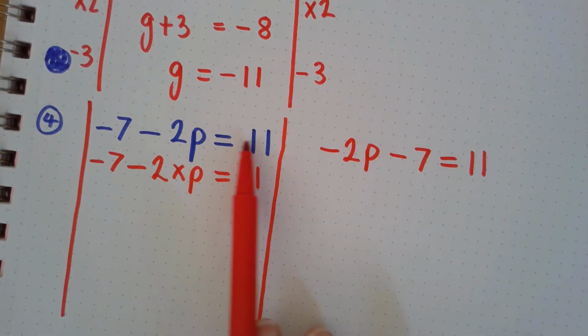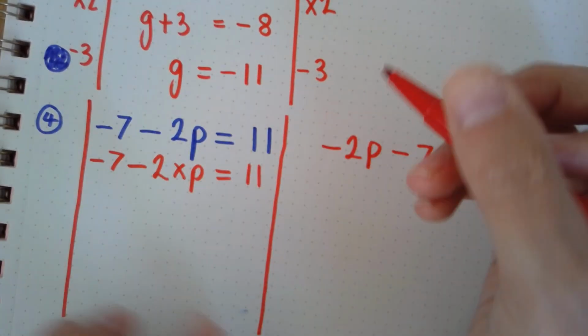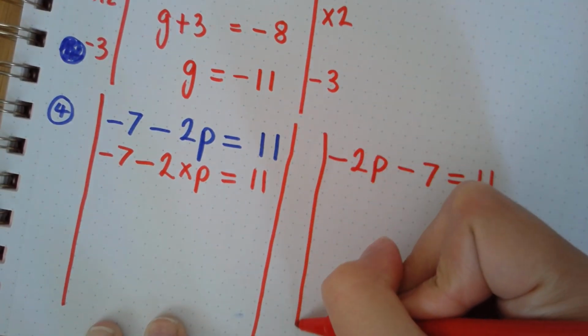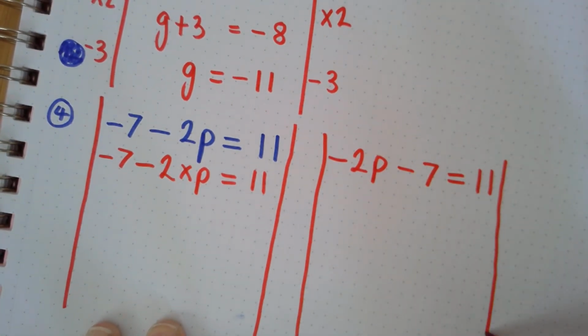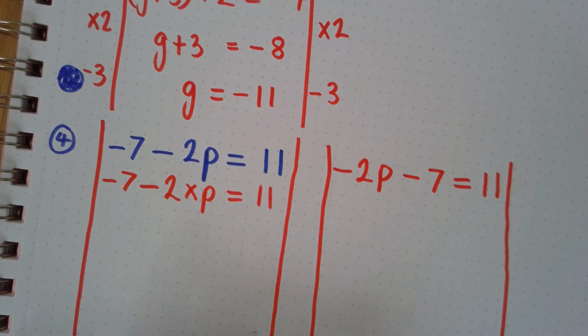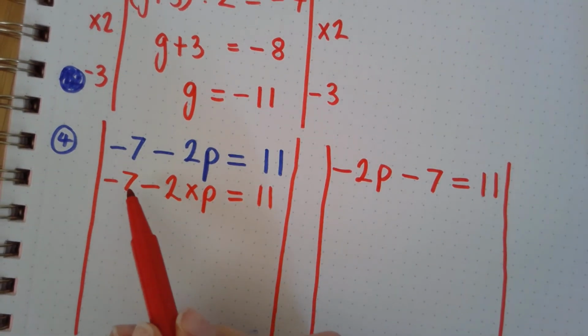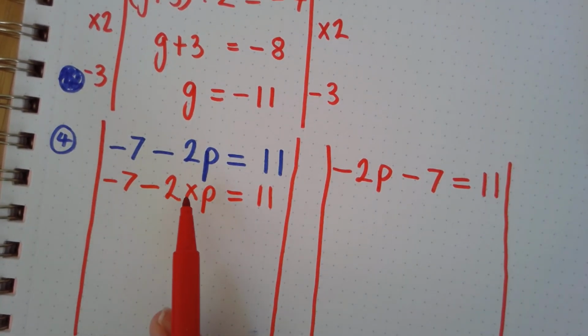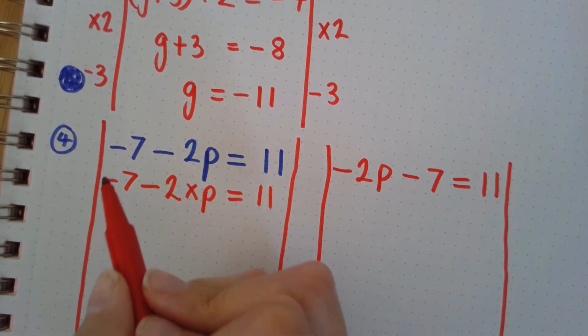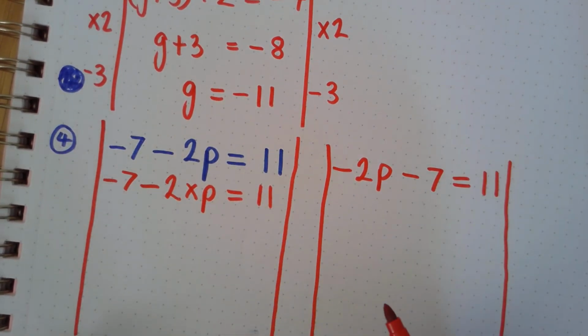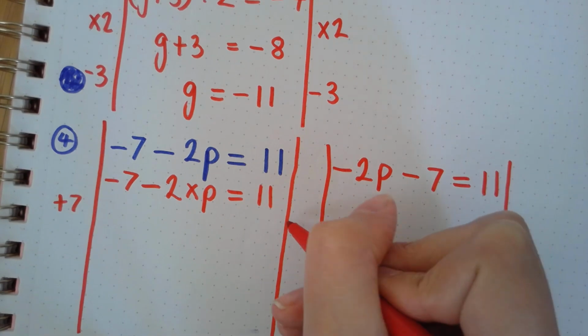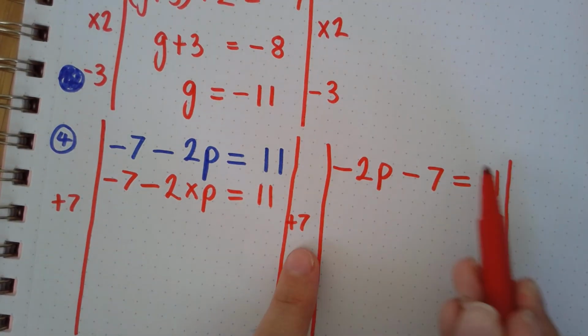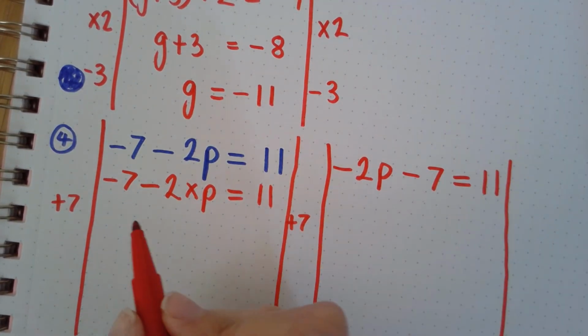They're the same thing, so it doesn't matter if you don't know how to solve this one, you can solve this one instead. It doesn't matter which one you pick, they're the same method. So we've got negative 7 take away 2 lots of P equals 11. The opposite of the take away 7 is add 7. You would do that step over here as well, you would add 7.